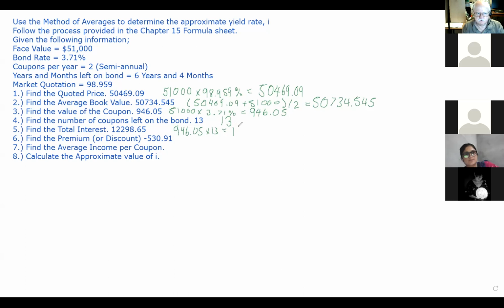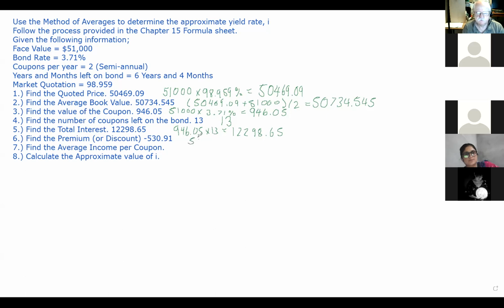So 12298.65. And then to find the premium or the discount, take the quoted price, which was answer up here, minus the face value.